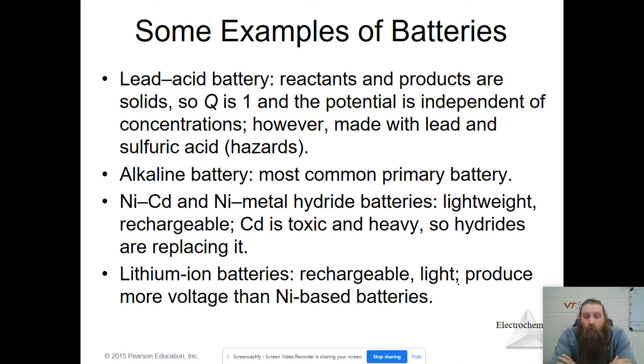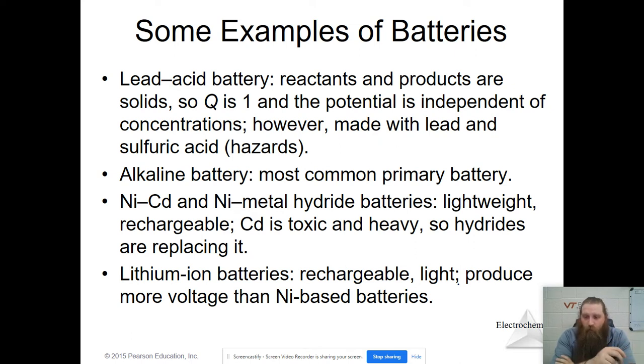The last category would be the lithium-ion battery. These are rechargeable, and they're light. This gives us something we like to call energy density. The lighter the battery is compared to the amount of energy it produces, the higher the energy density.